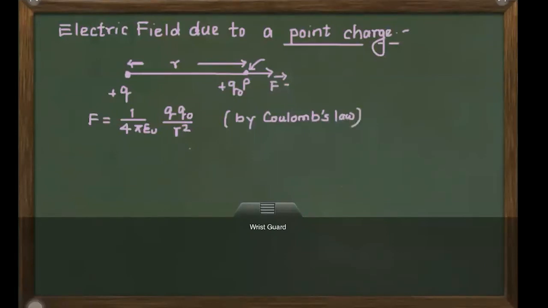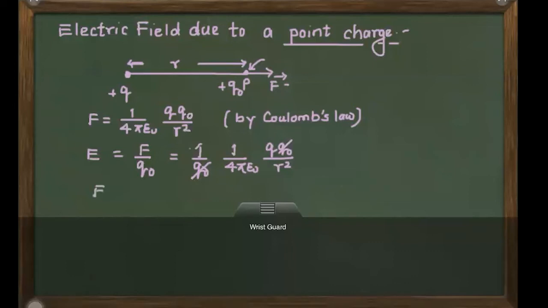Now, as per the definition of electric field, E is equal to F upon Q naught. So if I write it here, 1 upon Q naught into, putting the value of F, Q Q naught divided by R square. Q naught will be cancelled.